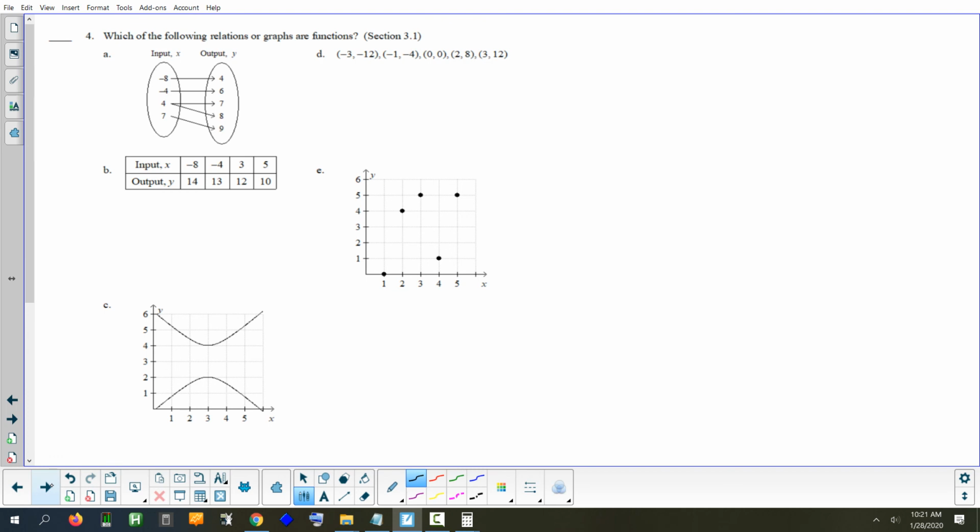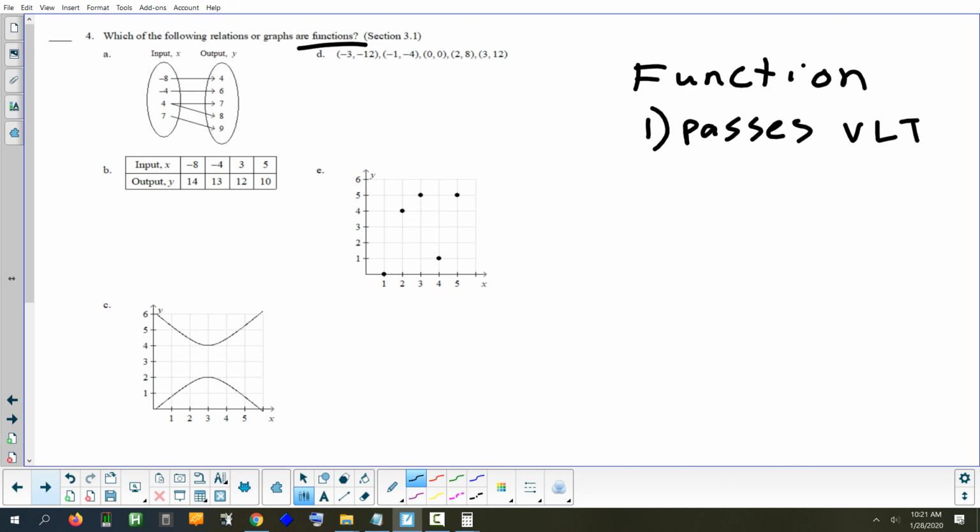Okay, number 4. A couple things here that you have to know. You can't do everything with just one thing. It says, which of the following graphs are functions? In order for something to be a function, one thing that can happen is it passes the vertical line test.